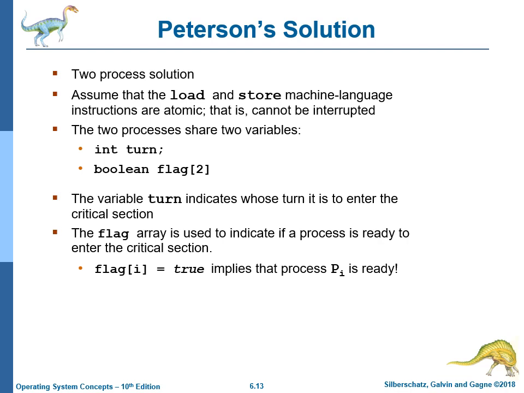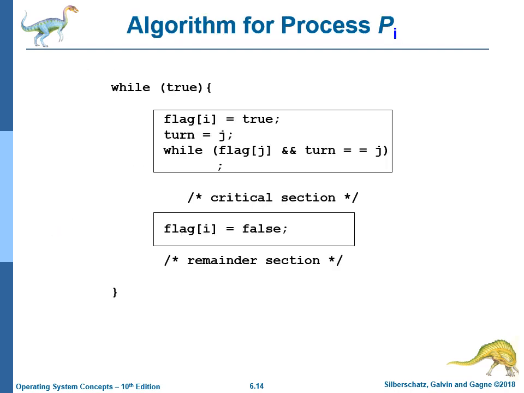So it takes turns for the next process that will enter the critical section, and the array indicates which process is ready to enter the critical section. So Peterson's solution restricts the processes to alternate execution between the critical section and the remainder section.